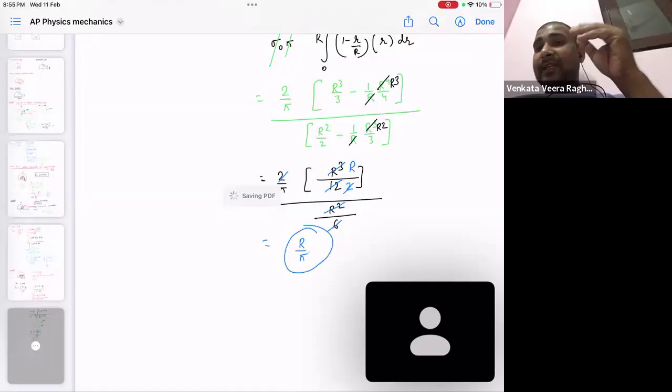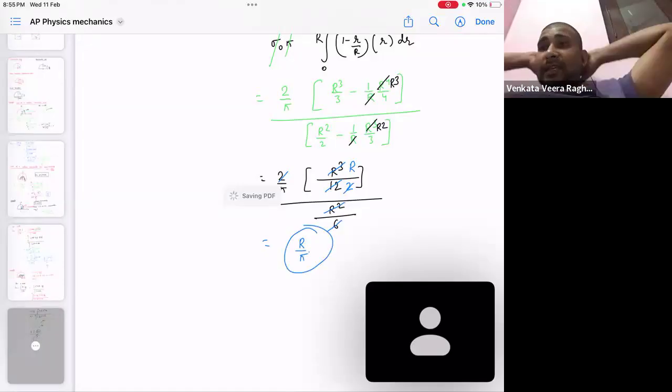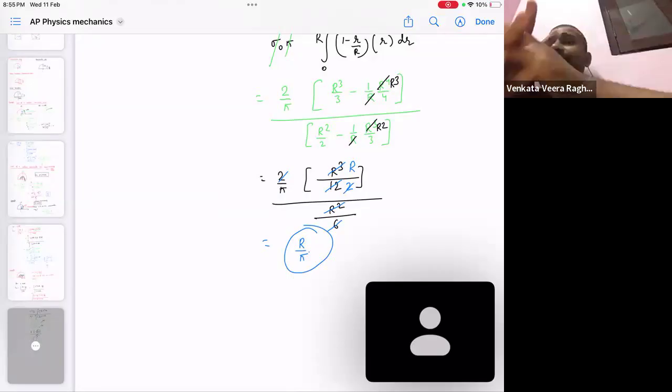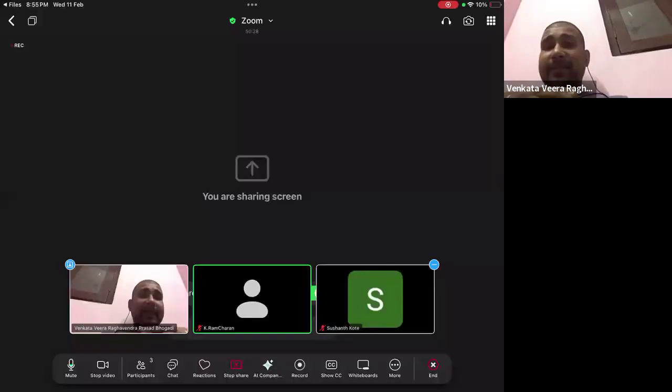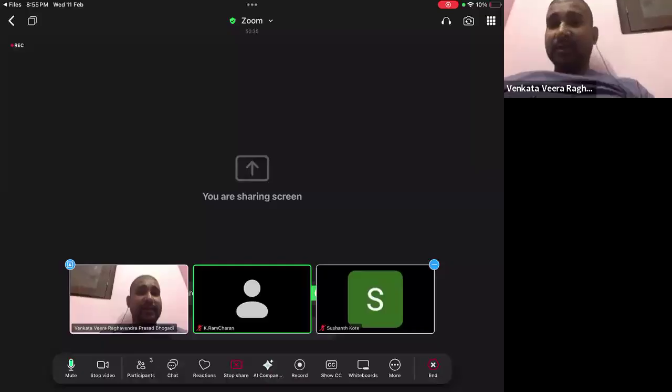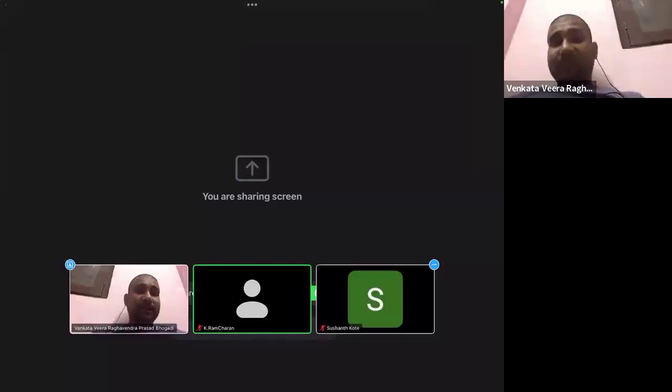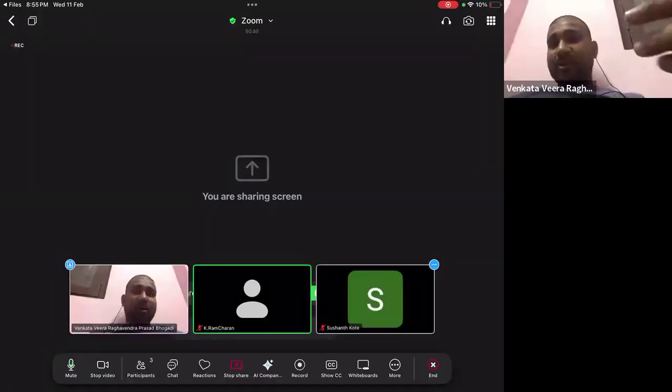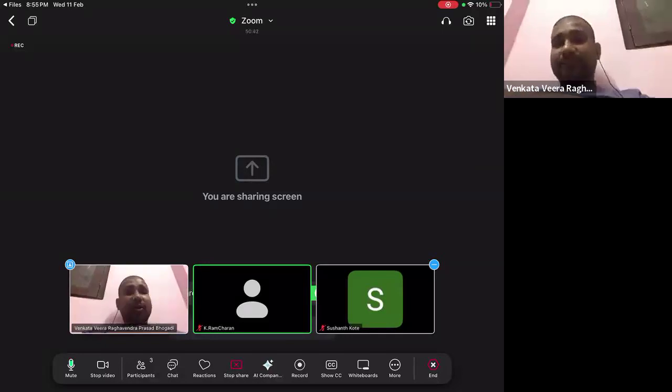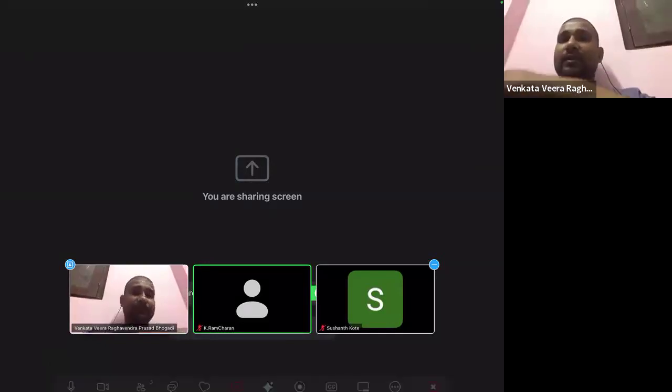Sometimes if it is uniform, you can directly use the formula of the standard body. If it is non-uniform, then we should take the element, find the center of mass of the element first, and after that integrate it to get the center of mass of the complete body. That is the process everywhere.